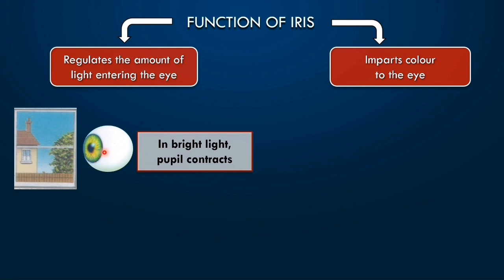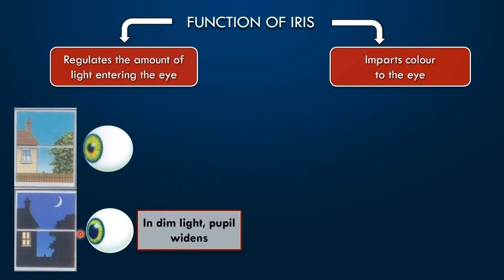If too much bright light enters our eye, there is a chance of damage, in the sense damaging the retina. That means to prevent too much light from entering the eye, the pupil contracts. So I hope you all understood. And in dim light the pupils widen to allow more light to enter the eye.